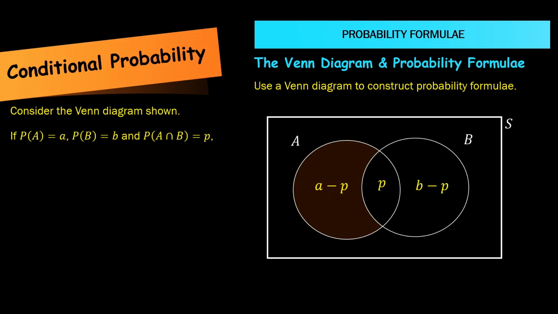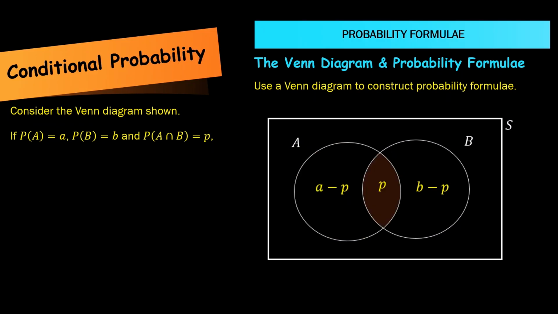The probability of A, excluding the B region, is equal to A minus P. The probability of A intersect B is equal to P, as you can see here.